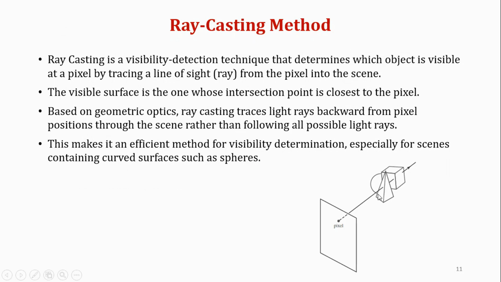From the object, the imaginary line is projected for every pixel on the screen. The object that the ray intersects first becomes the visible object. So when we are projecting from the scene to the objects, whichever object is intersecting is going to be displayed onto the screen. This technique is particularly effective for scenes containing curved surfaces such as spheres.